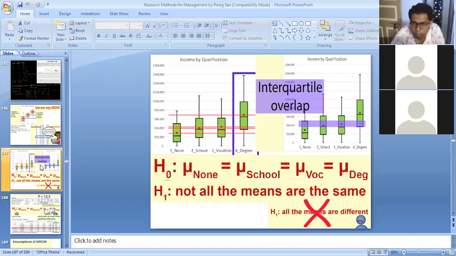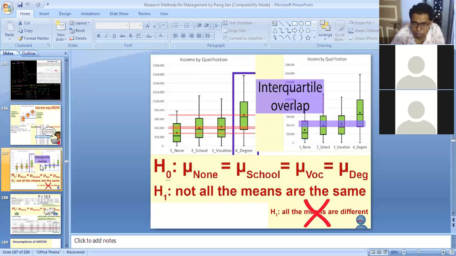If there is one dependent variable and three independent variables, then you will say this is three-way ANOVA. Okay, so like that, in that way, you can consider n-way ANOVA.